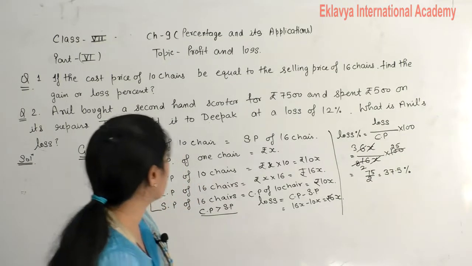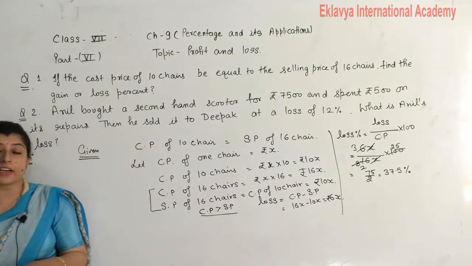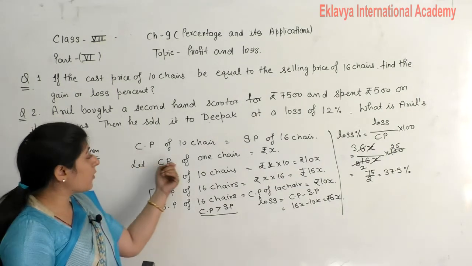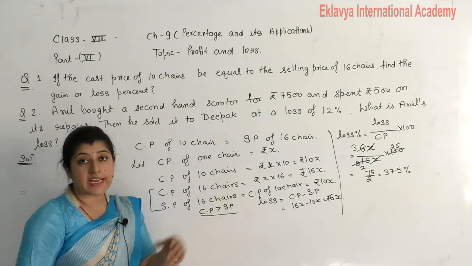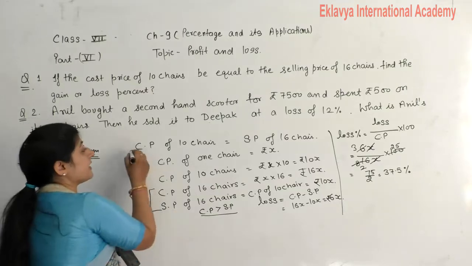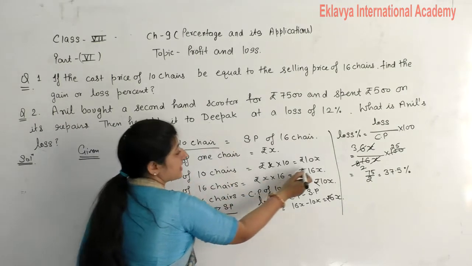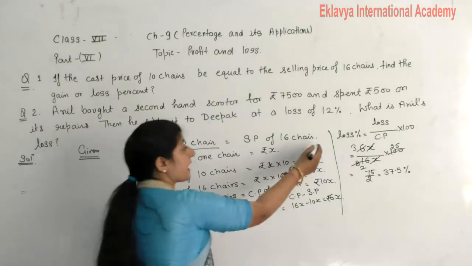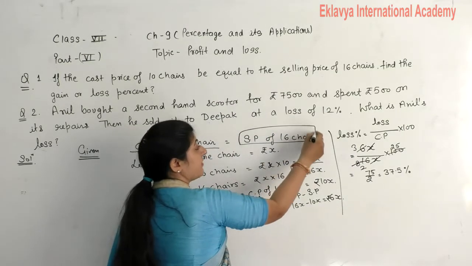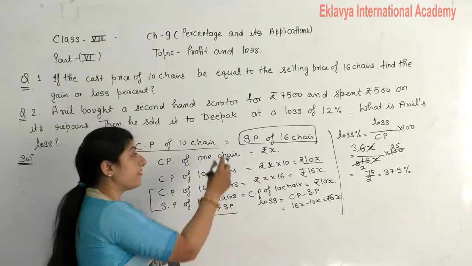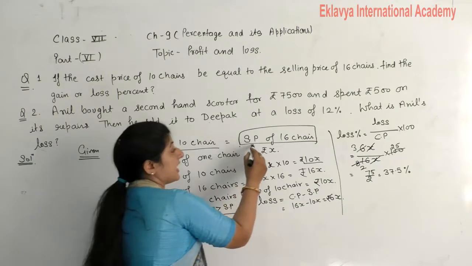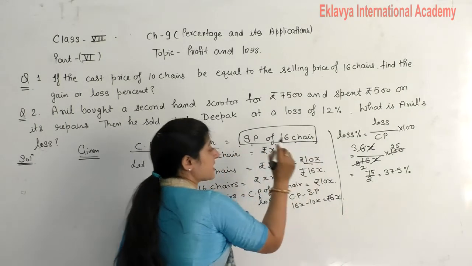So we solve these types of questions like this. Firstly what will we do? We always let the cost price. So let the cost price of one chair be rupees X. We need the cost price of 10 chairs, that is X into 10, 10x. Selling price of 16 chairs we can't find directly, but we have the relation with this: selling price of 16 chairs is equal to 10x.